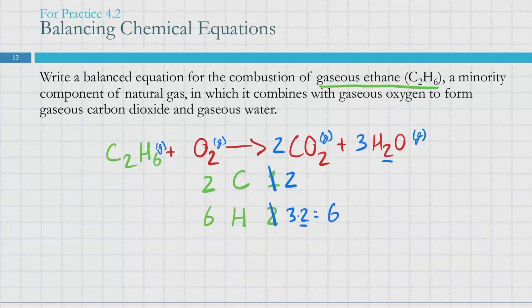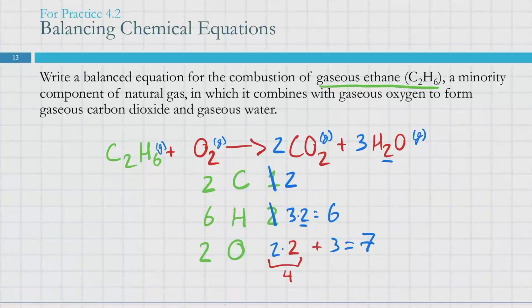And the last thing to balance is going to be our oxygen. Looking at our oxygen, how many oxygens do we have on the left side? We have 2. And on the right side, we've got 2 times 2 from our CO2, so that's going to be 4. And we also have 3 in our H2O.